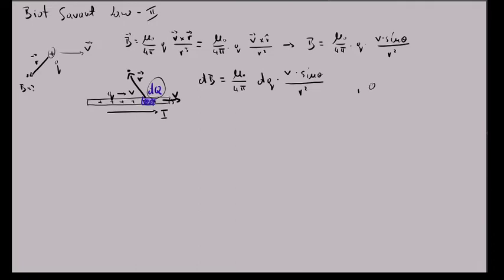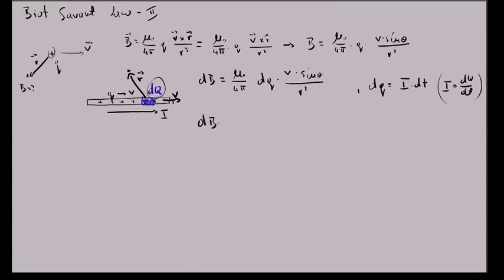Now dq is the same thing as I dt. If you recall, current I is defined as dq/dt, the rate at which the amount of charge changes through a cross-sectional area of a wire, and so from here I end up with this. This is actually how I'm going to introduce current into my Biot-Savart equation.